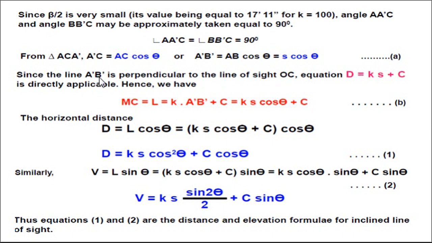Since line A dash B dash is perpendicular to the line OC, the equation D is equal to Ks plus C is directly applicable to this, and hence we can write MC is equal to L, the distance between M and C, is equal to K into A dash B dash.